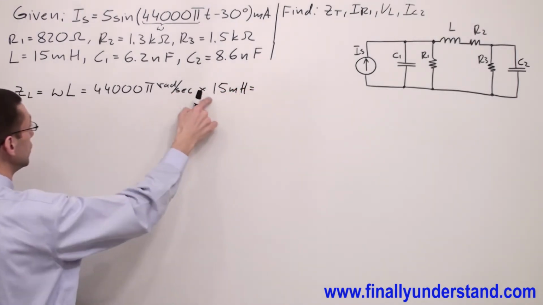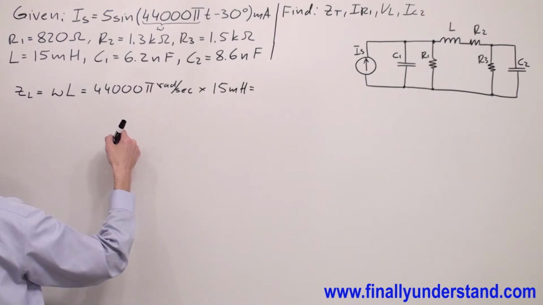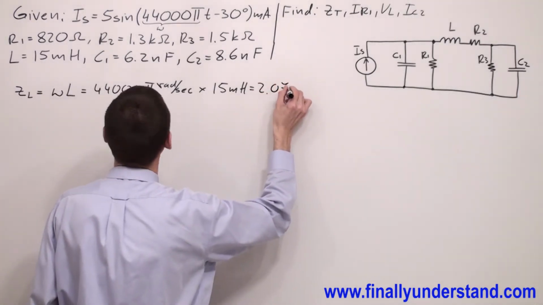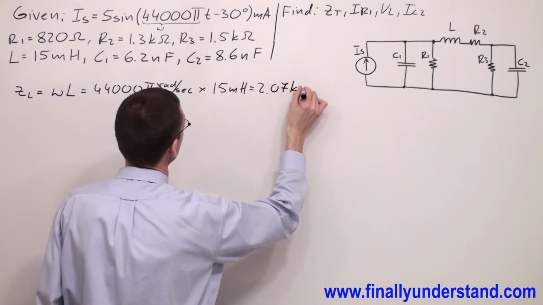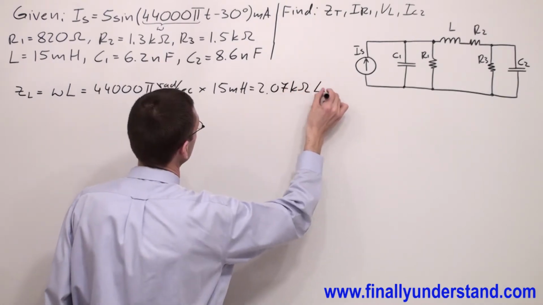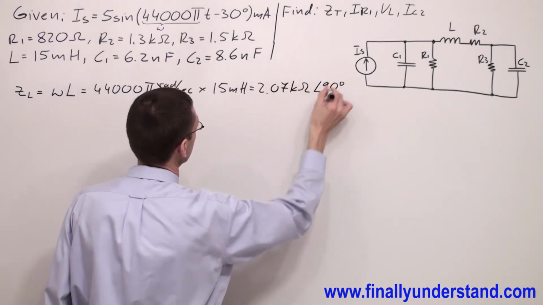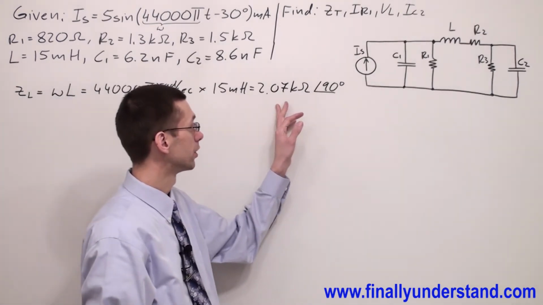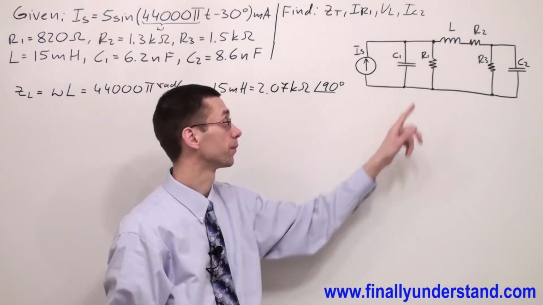Okay, multiply these two values by themselves. You're supposed to get the value of 2.07 kilo ohms and angle of 90 degrees. Okay, so this is the impedance of the inductor.